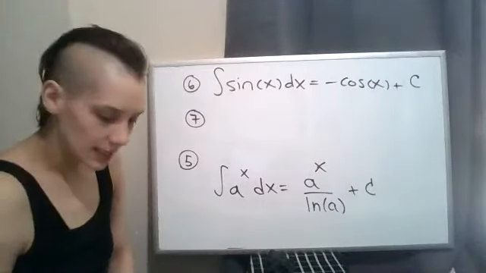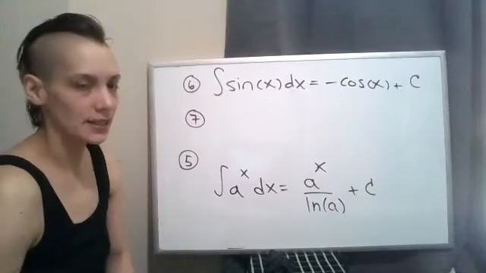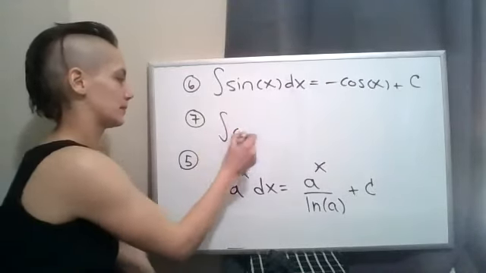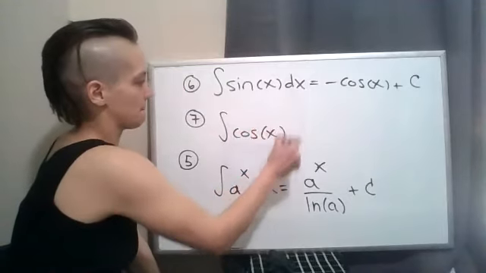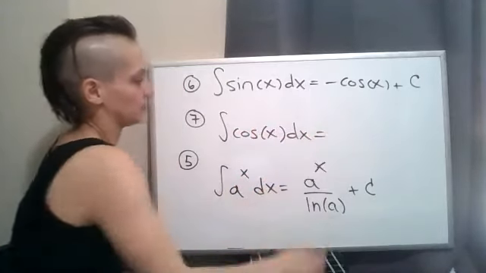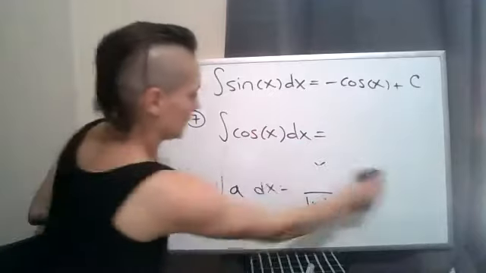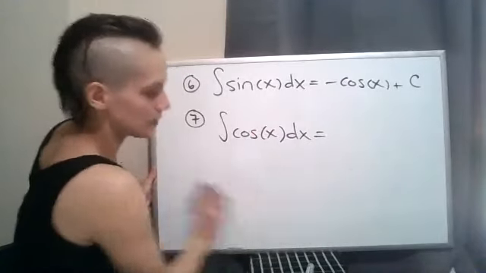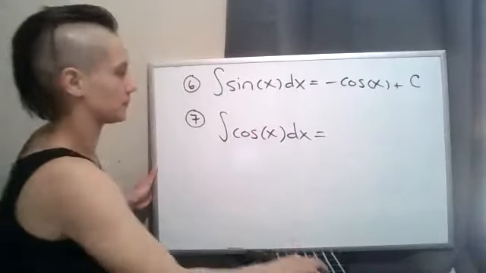Number 7 is the integral of cosine of x dx. It's going to be positive sine of x plus c.